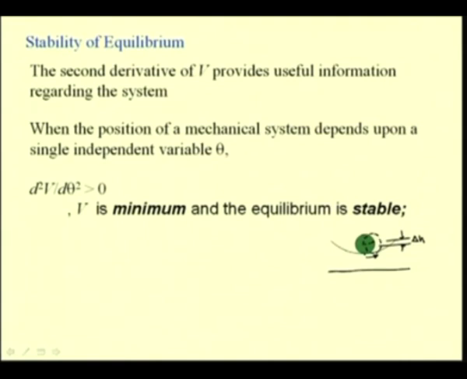This has a tendency to bring it back to its original position, and so this equilibrium position is stable, in the sense that if we displace this sphere by small amounts, it comes back to its equilibrium position, which is defined by this point.